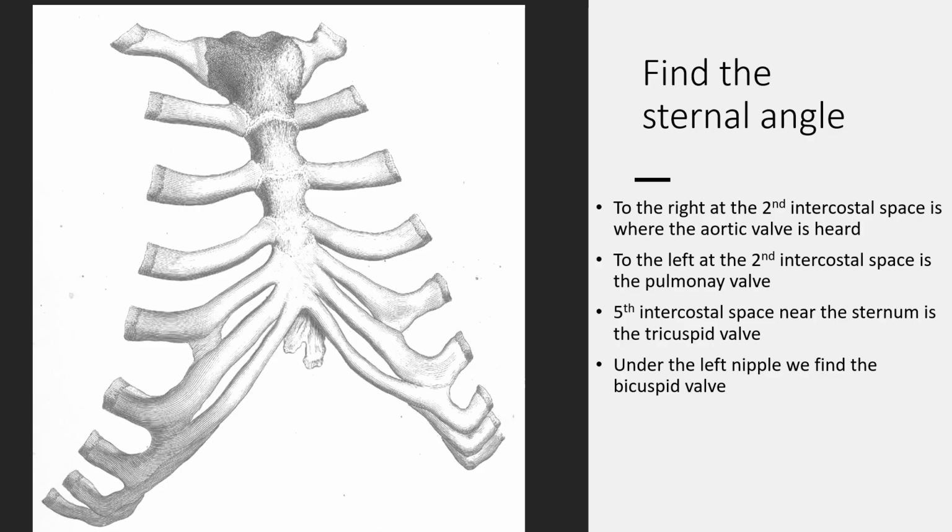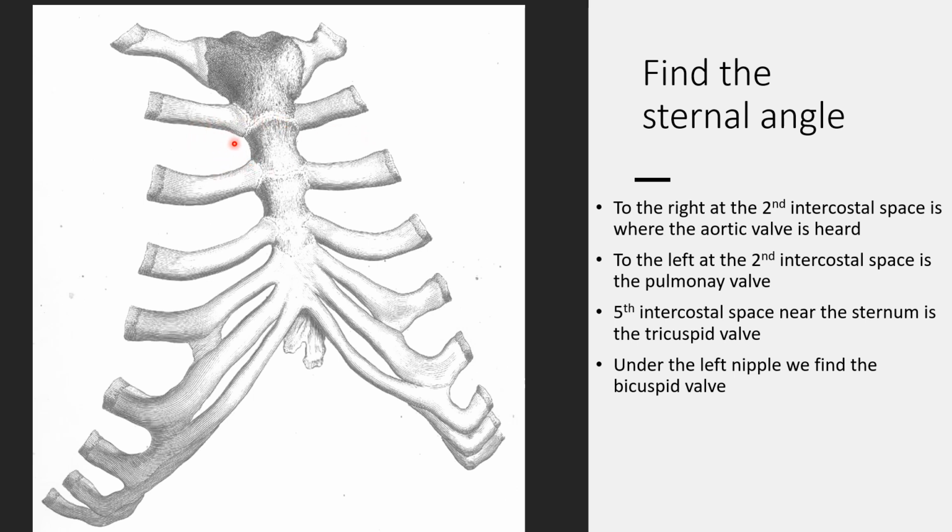Now, how to find certain things in the heart. We always look for things we already know. Over here you see the manubrium, the sternal body, and the sternal angle. This here is the second rib, and between the second and third rib you have the second intercostal space. On the other side we have the second intercostal space too, so we break them up between right and left.